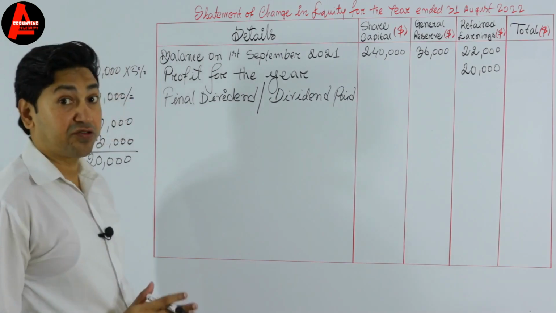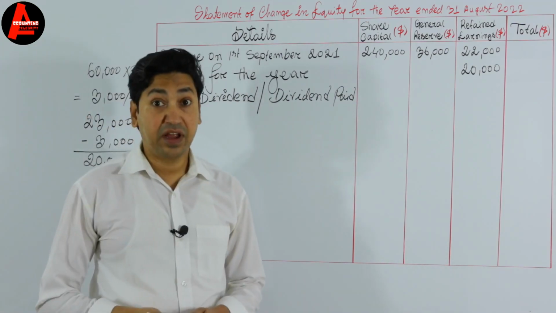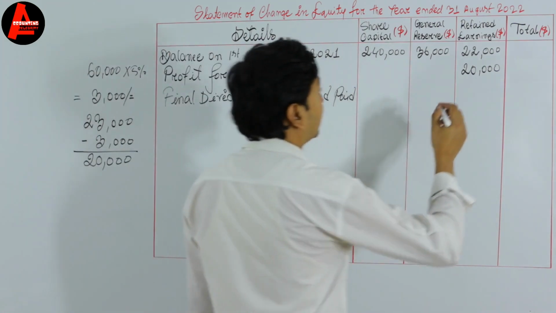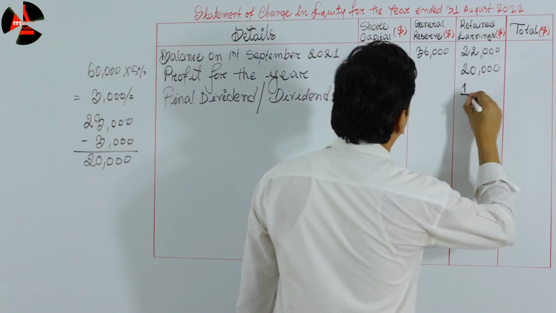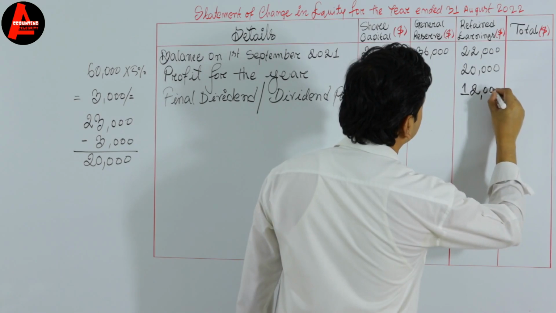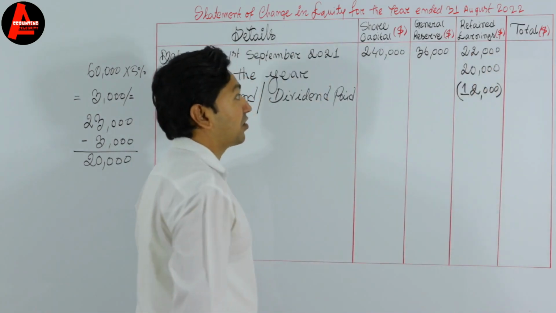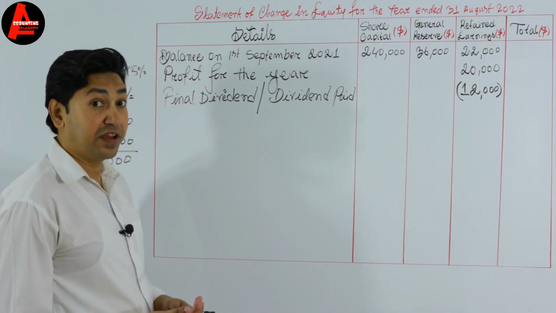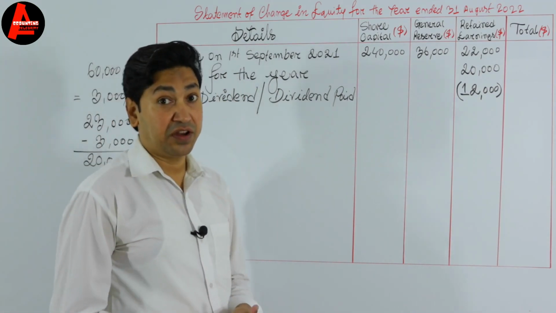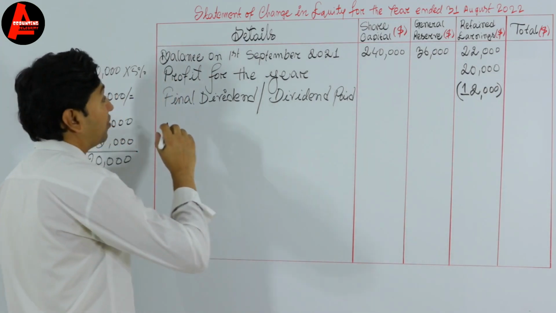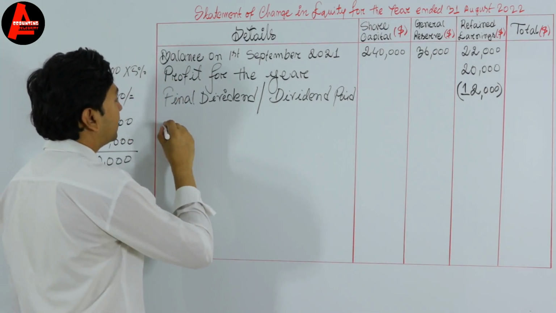In the question we have final dividend $12,000. So we will write here $12,000. This is the amount we will subtract from this total. Then we have interim dividend. It is also subtracted. So let us write here interim dividend.